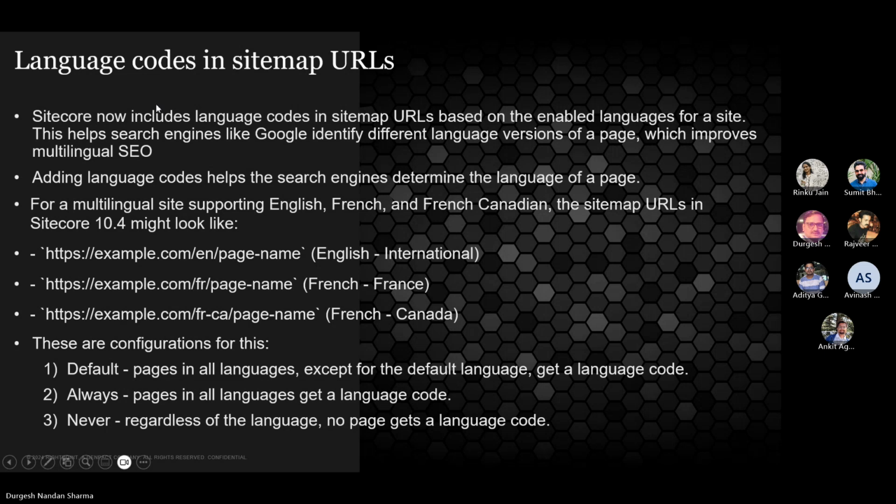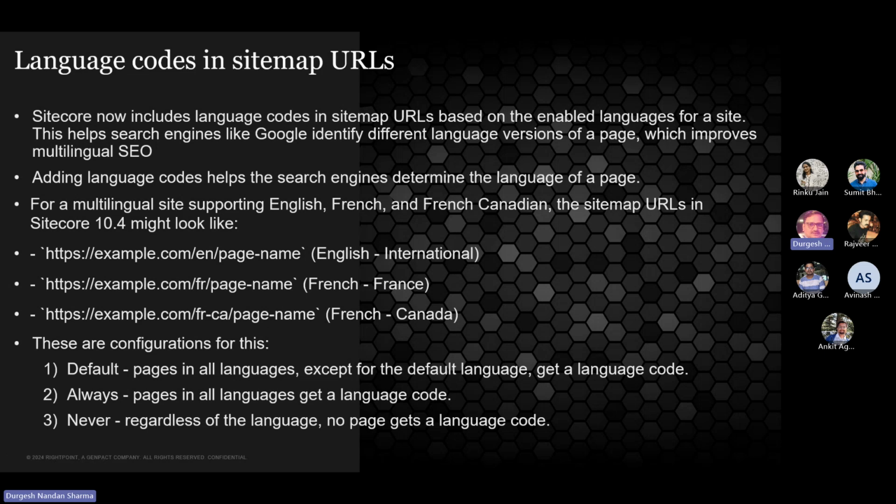So now we are going to discuss language code in the sitemap. Whenever we create a multilingual site, it is not necessary, but it is good to use the language code in the URLs, like example.com/en, example.com/fr-ca, for the different languages we use on our site.